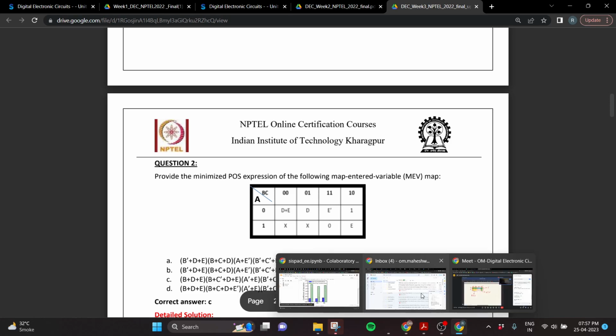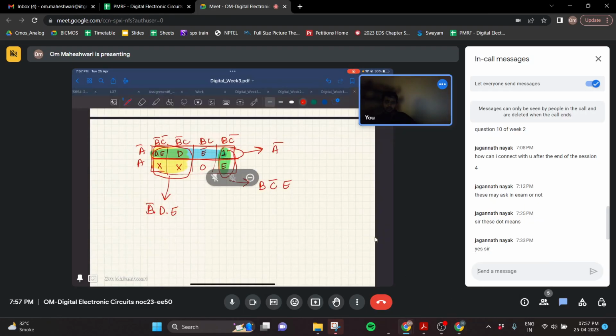Maybe can you share your screen if possible? Are any of these three terms coming in any of the options?